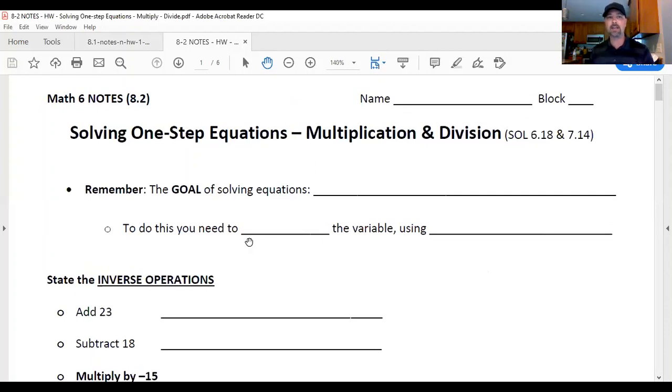It's still the same idea. So the first part, remember, the goal of solving equations is what? It's to isolate the variable, get the letter by itself, okay? To do this, you need to isolate the variable using inverse operations, okay?